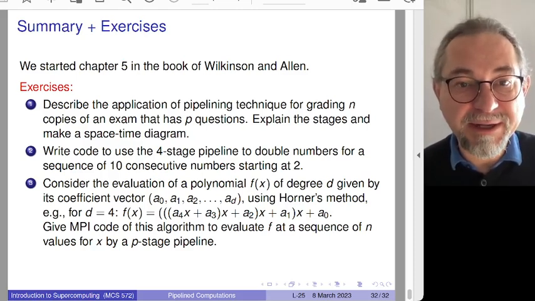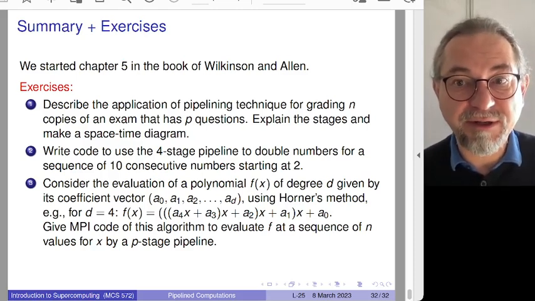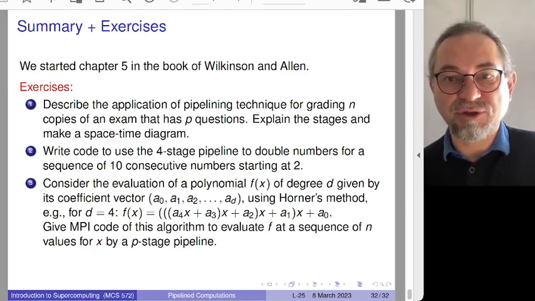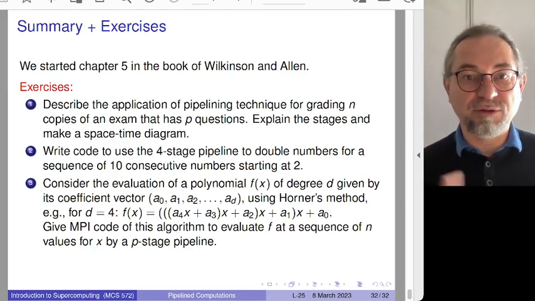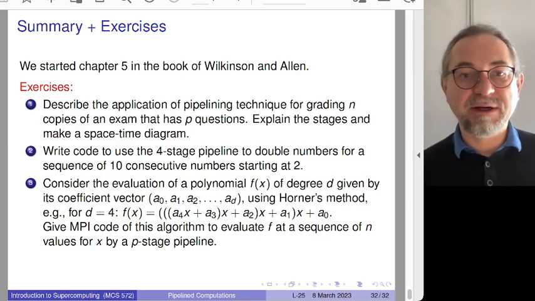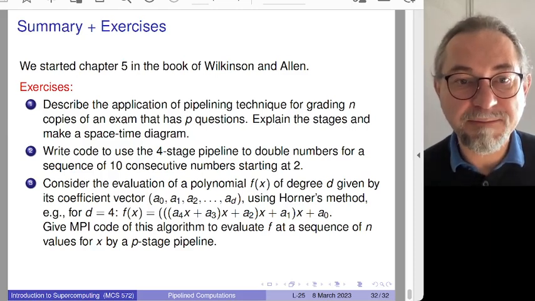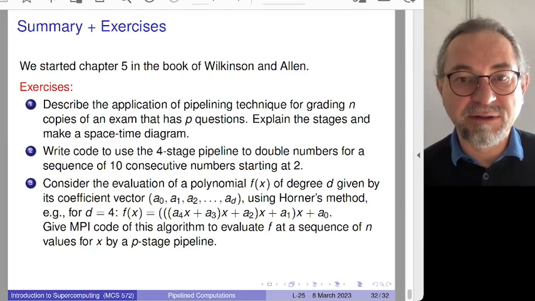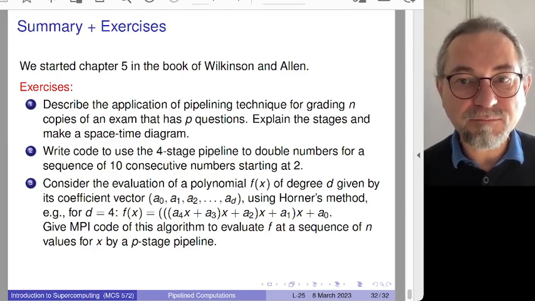So explain the speedup that you get from this. Rather than doing this sequentially, where one person would pass all the exams in their entirety to the next person for grading, which would be a sequential process, if you come together in one room, then there is close to an optimal speedup that can be done.